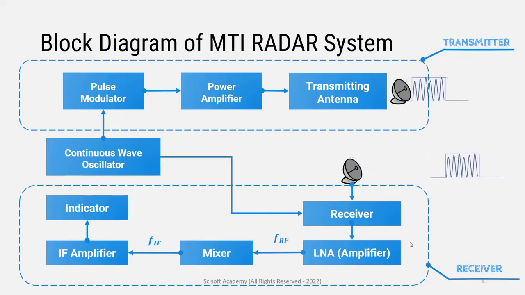That intermediate frequency helps us to identify the velocity of the object based on its movement away from the antenna or towards the antenna. So this is the basic block diagram of MTI radar systems. Let's move ahead with the working principle of it.